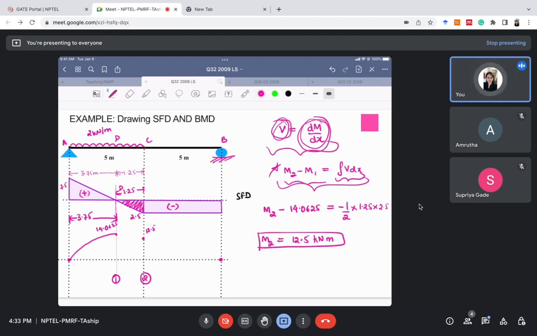So how is the shear force varying? The shear force is negative and increasing, right? You can see from the diagram that for section 1 2 the shear force is negative, but it is increasing also. So similarly the slope of the bending moment diagram for section 1 2 will be negative and increasing.